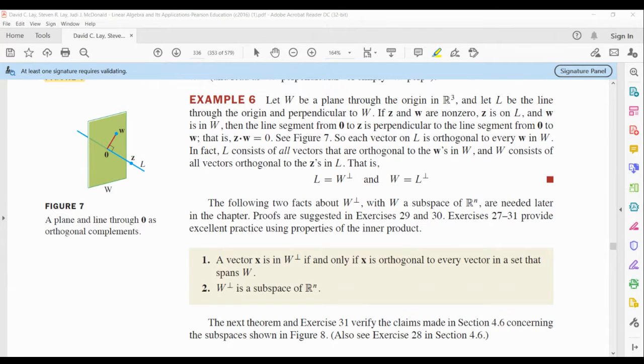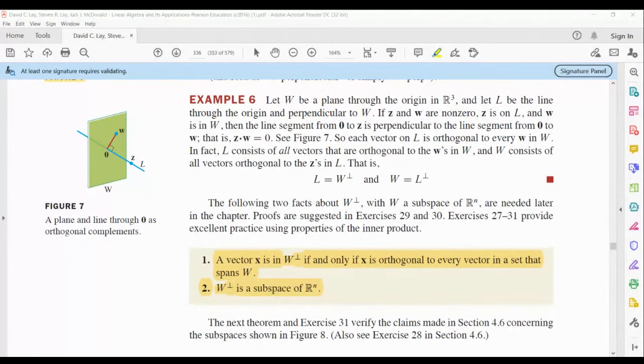So what would it mean if a subspace is perpendicular to another subspace? Well, what that means is that the vectors in one subspace are perpendicular to the vectors in the other subspace.